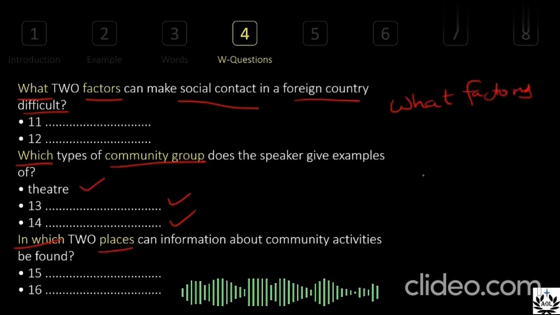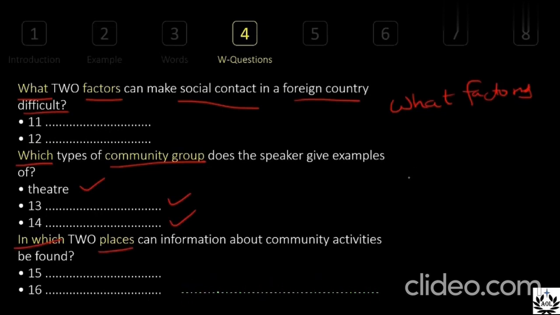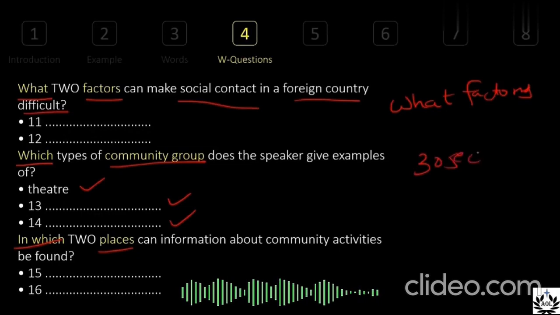Now, while you're listening to the audio, of course, you cannot read everything at the same time. You are supposed to read this when you're given 30 seconds before the question slot. Let's say they'll say, please read the questions between 21 to 25, and then you hear the audio.